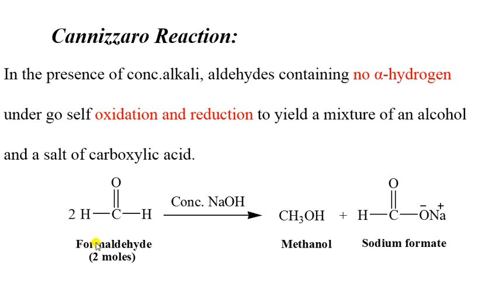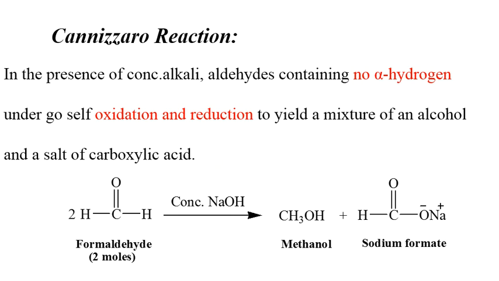2 moles of aldehyde without alpha hydrogen in the presence of concentrated base will produce alcohol and the salt of carboxylic acid during the oxidation reduction process.